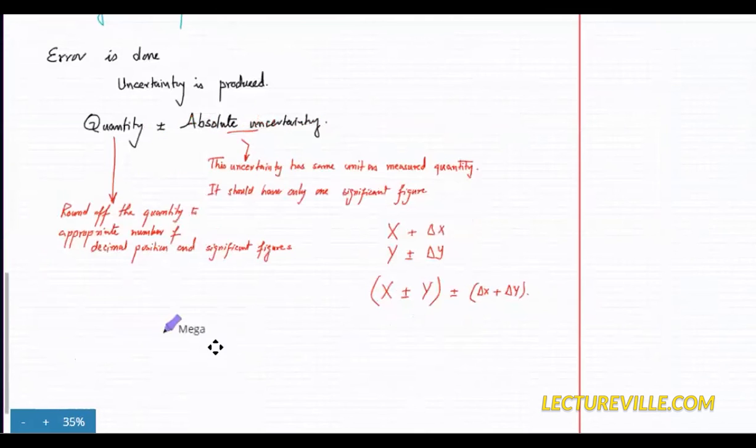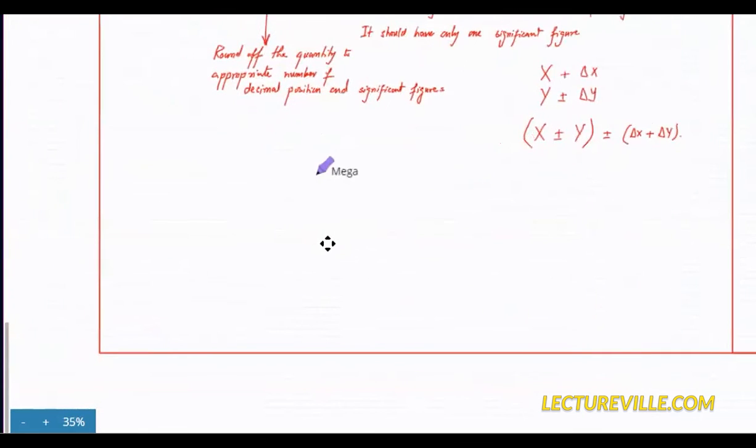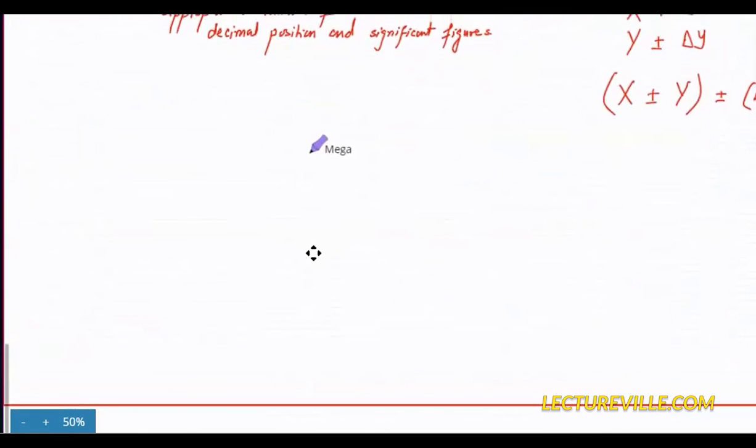Now, the next thing in this list that you must know is fractional error or uncertainty.